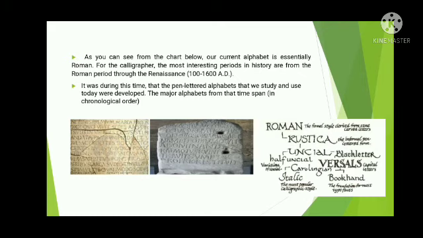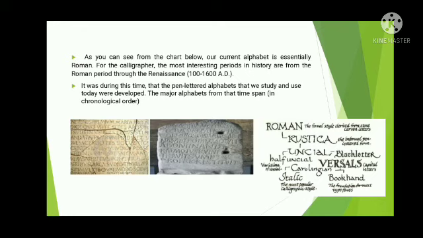For the calligrapher, or the person who practices writing, the most interesting periods in history are from the Roman period through the Renaissance. It was during this time that the pen-lettered alphabets that we study and use today were developed.